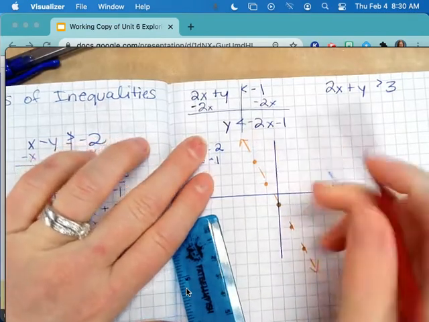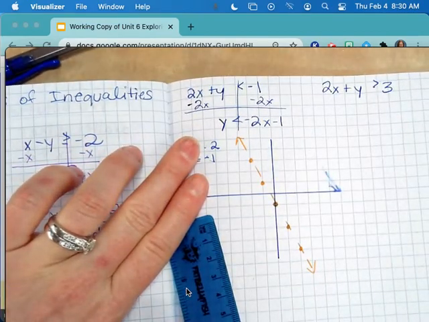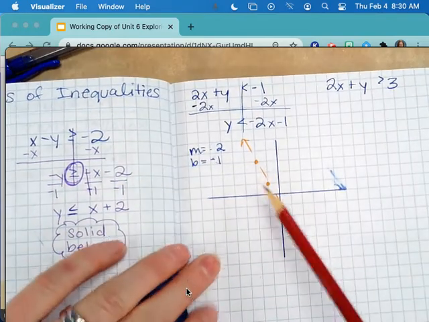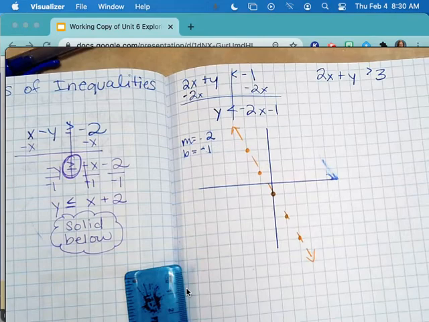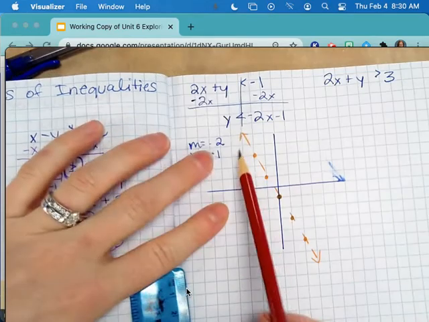And then less than means shade below. So where is below on this one? Left or right part? Yeah, it's left.